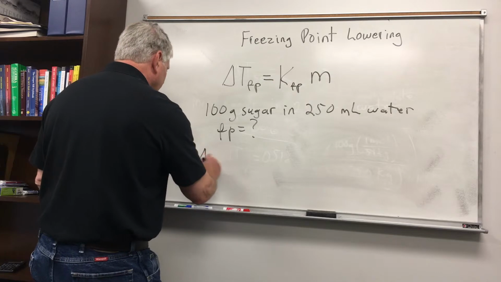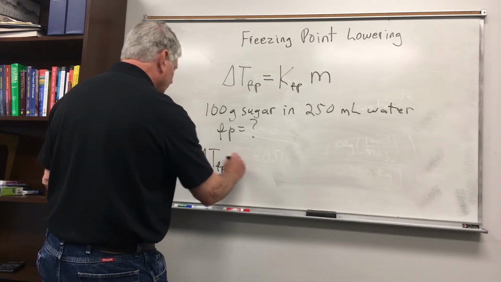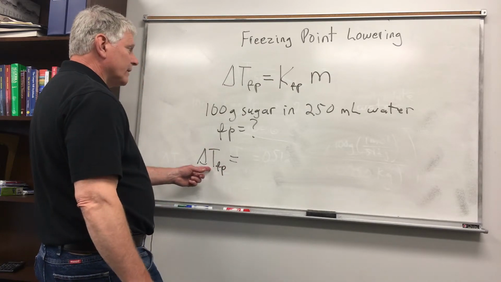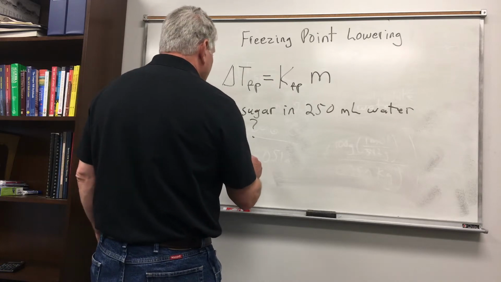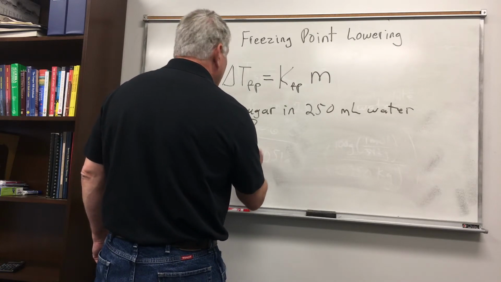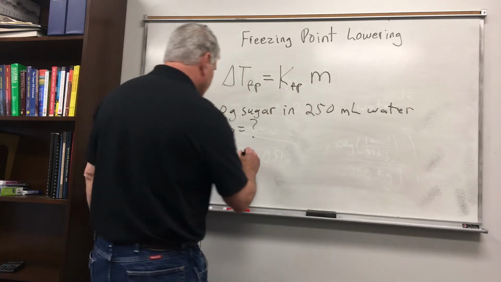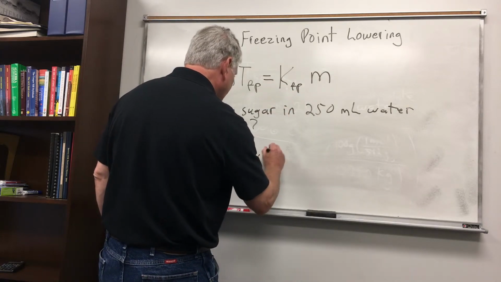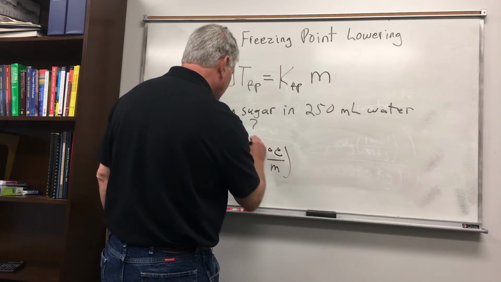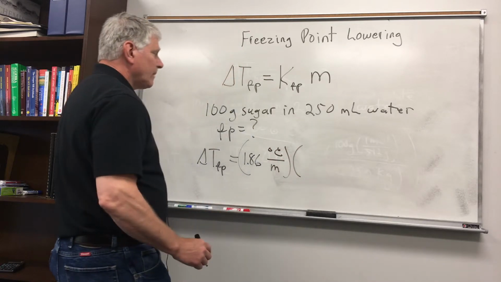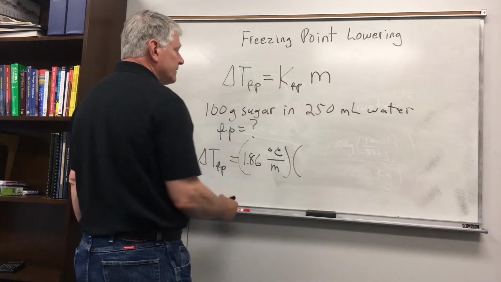So delta T freezing point, the change in the freezing point, is going to be equal to the freezing point constant for water, which is 1.86 degrees centigrade per molal. And then we multiply by the molality of the solution.